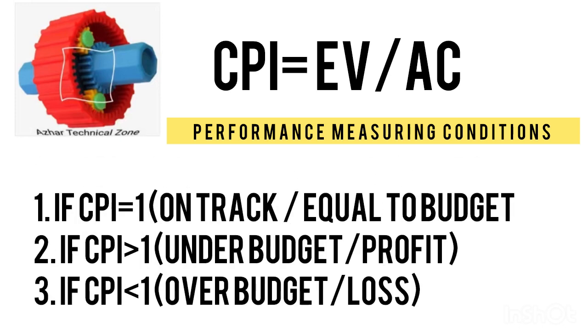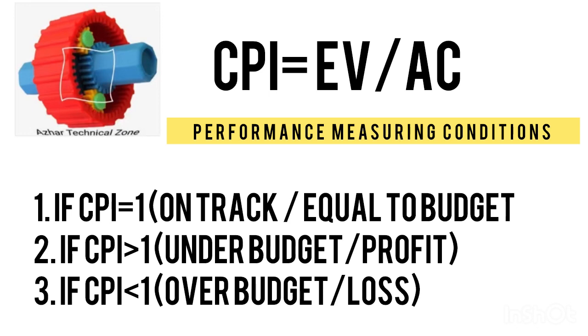If CPI is equal to 1, it means our project is on track, or we can say our project is in very good condition, because our earned value and the actual cost are both the same. Neither are we in profit nor in loss. The earned value and the actual cost are the same, that's why the value will come to 1.